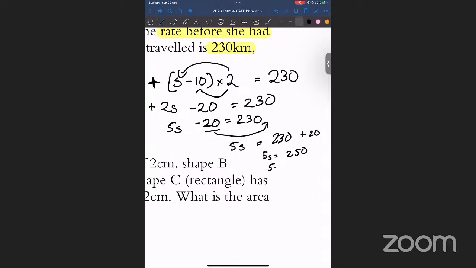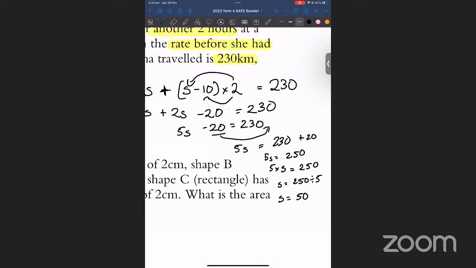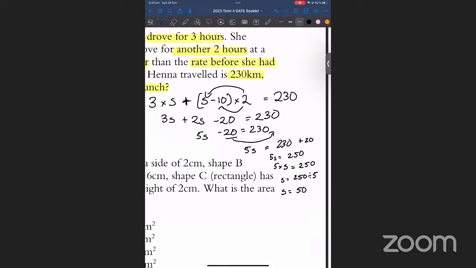Remember, 5s is the same as 5 multiplied by s, equal to 250. So s is equal to 250 divided by 5, which is 50. So the speed before lunch was 50 kilometers per hour, and the speed after lunch was 40 kilometers per hour.